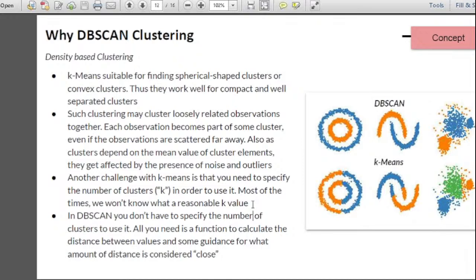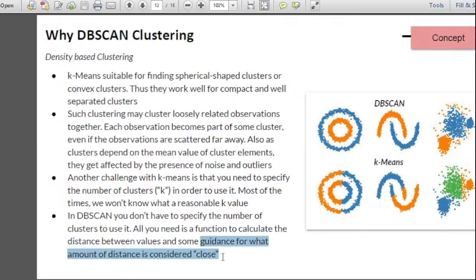Now, in DBSCAN, you don't have to specify the number of clusters. All you need is a function to calculate the distance between the values and some guidance on what amount of distance is considered close, right? So you need only two parameters here. First is the distance and second is the guidance on what is considered a close distance.